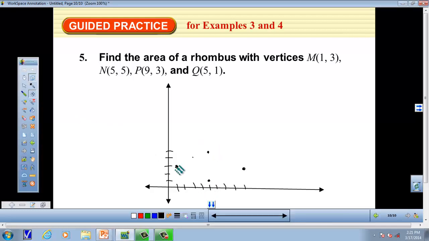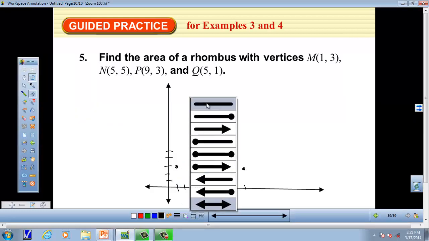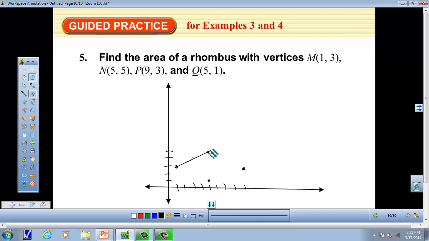So this looks like it could have been complicated, but it's not really. Because all we really need to do is find the lengths of the diagonals. And if you notice, the diagonals are going to be horizontal and vertical. So we can just count this, or we can use the absolute value of the distances.